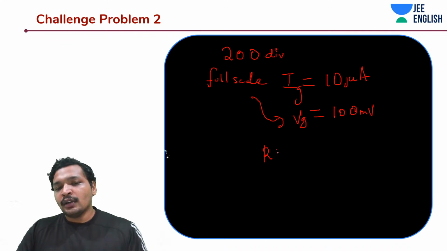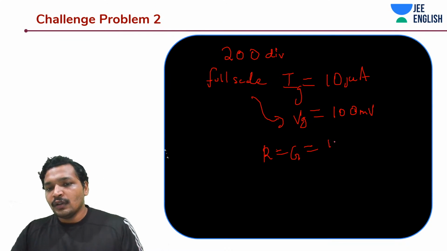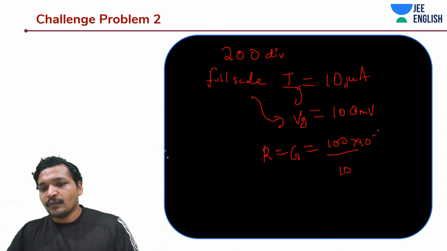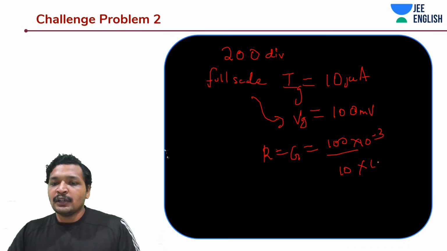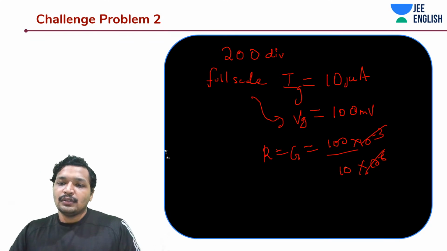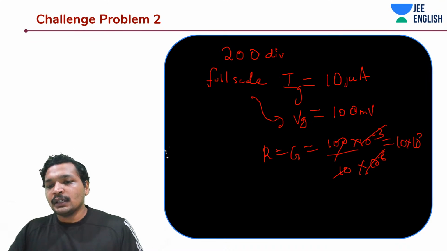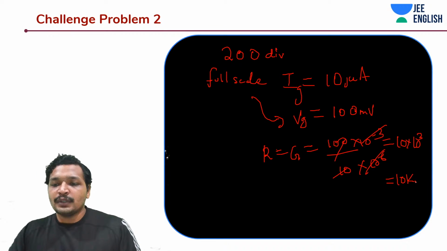Again, in this case G is equal to V by Ig, that's 10 into 10 to the power 3, which is 10 kilo ohms.